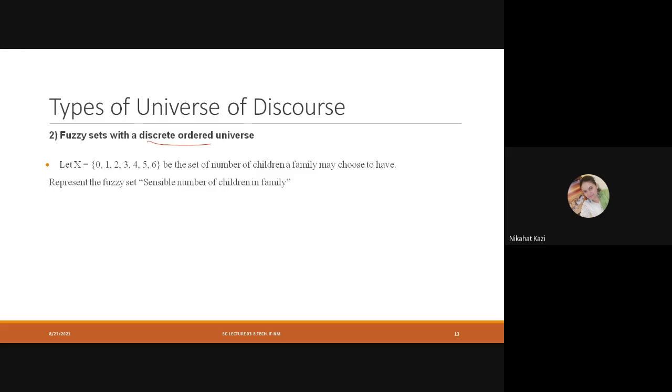So universe of discourse is given to you. X is the number of children a family may choose to have. So it could be 0. A family may choose to have 1, 2, 3, 4, 5, 6. 6 is the max possible which is given. Okay. Now this particular universe is discrete and it is ordered. Ordered in the sense that the elements which are there, they are ordinals, right?